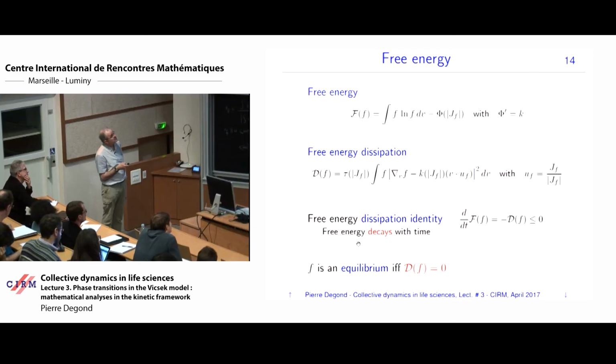So this expression is positive, and you get that the free energy decays with time, and F is an equilibrium if and only if the free energy dissipation is 0.